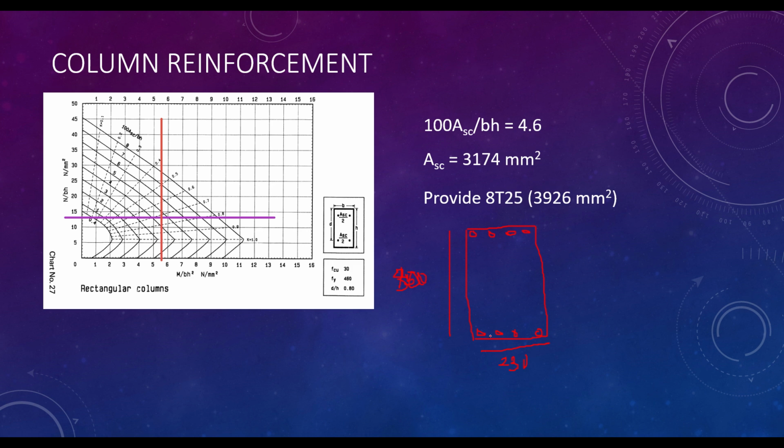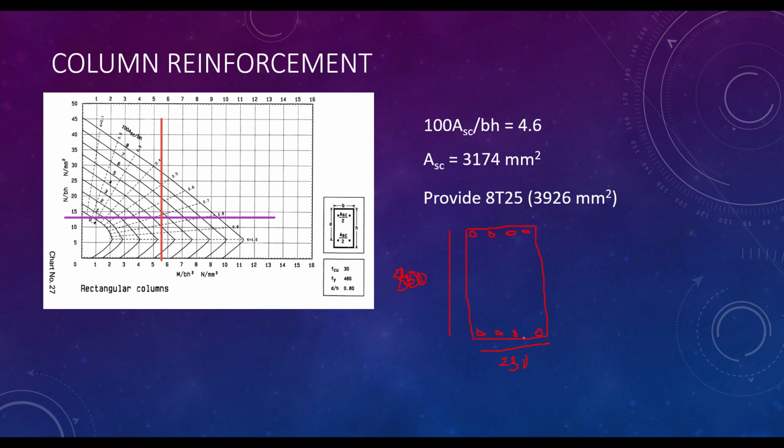So you can see that detailing wise, this column is not adequate, because you cannot provide 4 number of 25 mm reinforcement on a 230 face of column. So in that case, in the design part, it is advisable for us to increase the size of the column, either going with a 450 by 450 column or 300 by 300 column based on this design.